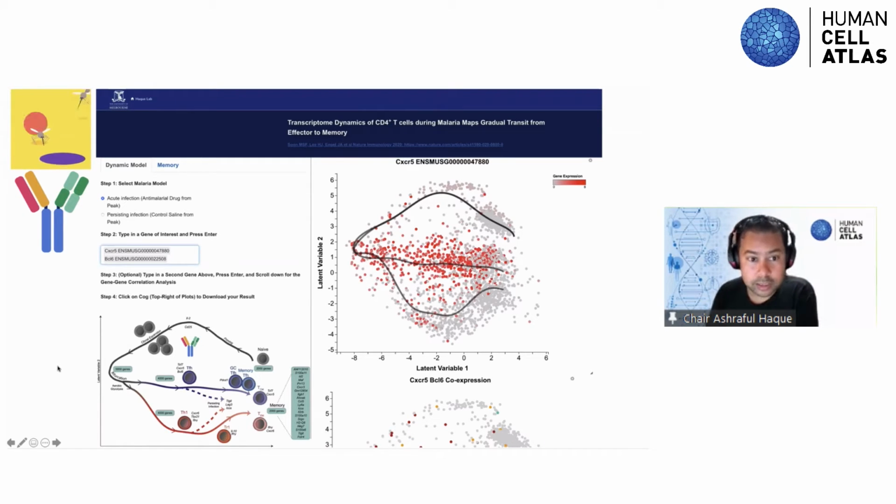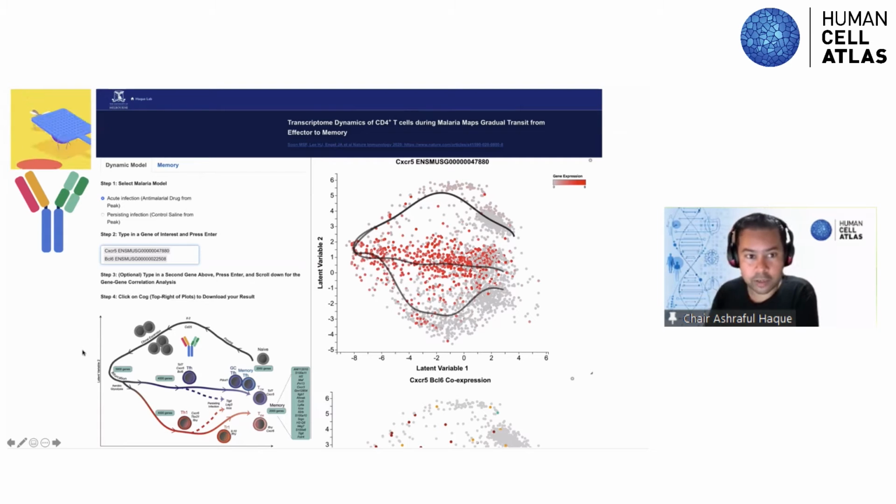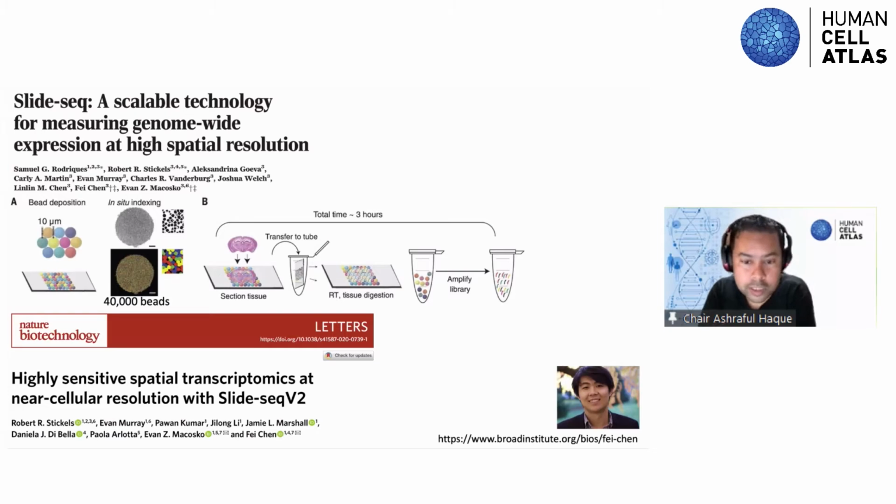So in order to examine that, and to do so not in TCR transgenic T cells, which we used to make the map, but in highly diverse polyclonal T cells, we started a collaboration with Fei Chen's lab at the Broad, who developed SlideSeq and a more highly sensitive version called SlideSeq version 2, in which you have a circular array of 10 micron beads.